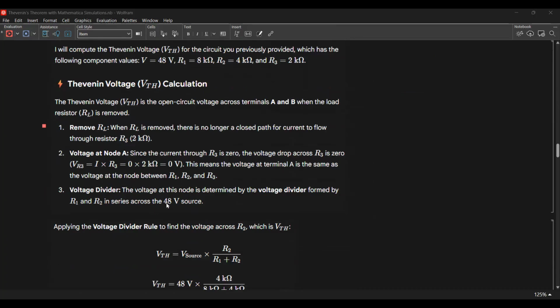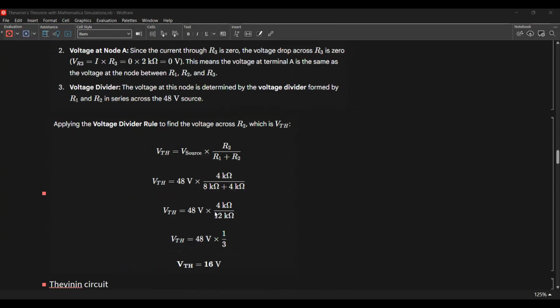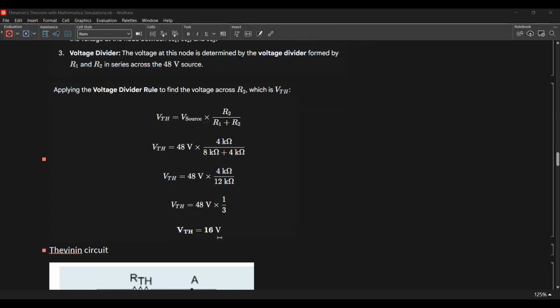Voltage divider: the voltage at this node is determined by the voltage divider formed by R1 and R2 in series across the 48 volts. Applying the voltage divider to find the voltage across R2, which is VTH, we have the source voltage times R2 over R1 plus R2. So we substitute here. The VTH here is equal to 16 volts.